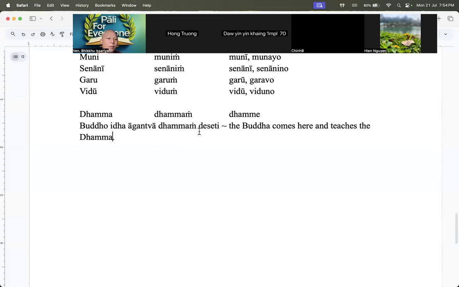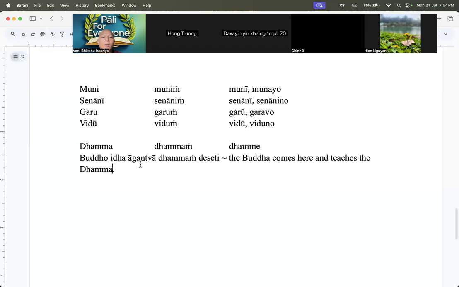So in this way it can be understood. So the Buddha comes here and teaches the Dhamma, and Guru Ida Agandawa Dhammandesiti. The teacher comes here and teaches the Dhamma. And Muni Ida Agandawa Dhammandesiti.